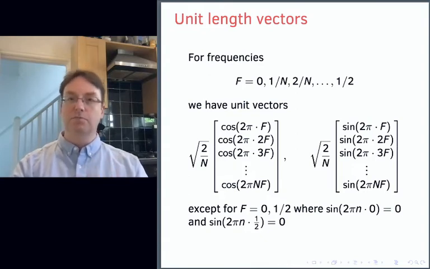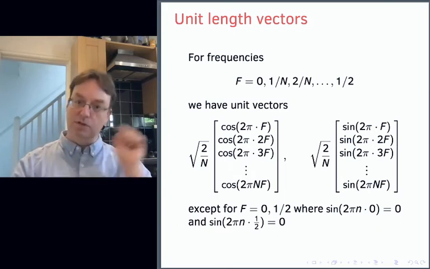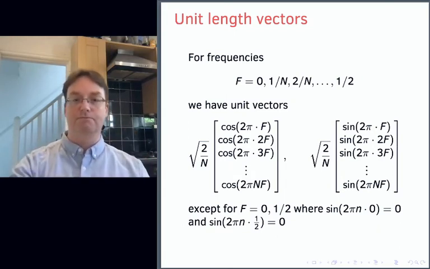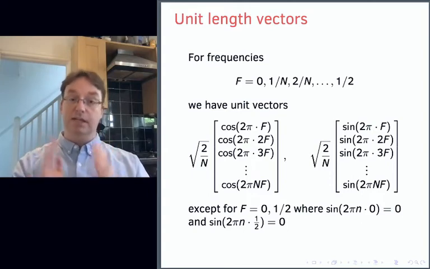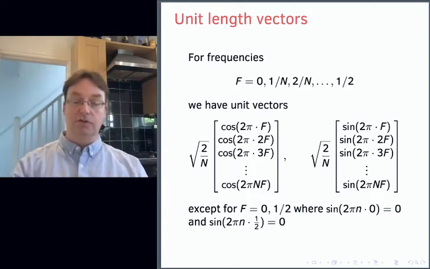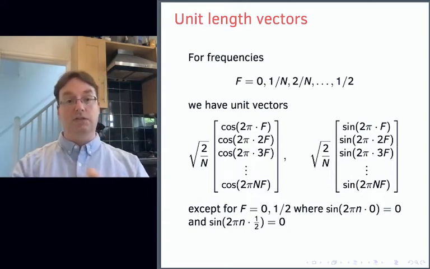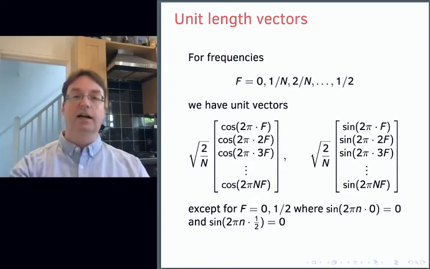I have sine of 2 pi n times a half. That just means I'm evaluating sine of pi times n. And of course, again, those are all the 0 points of the sine function. So that gives me exactly n vectors now, once I throw those 2 away. And that's exactly the number of vectors I need to build any other vector.